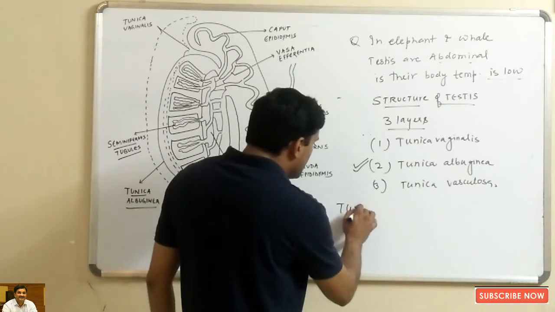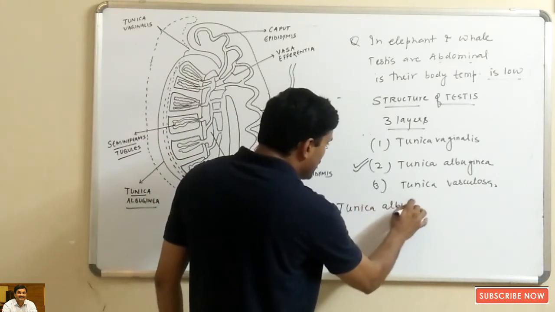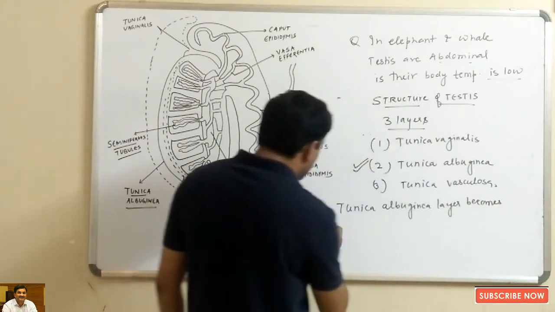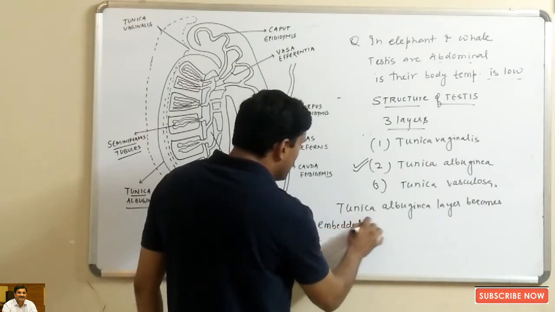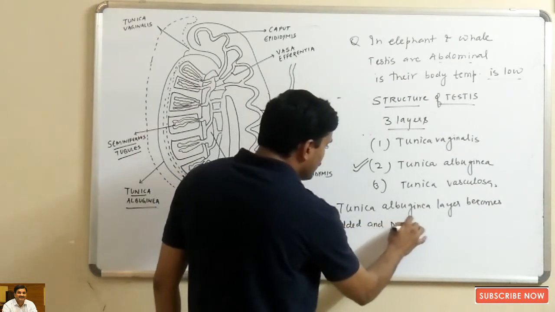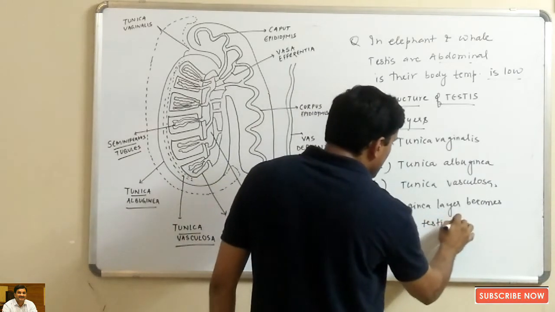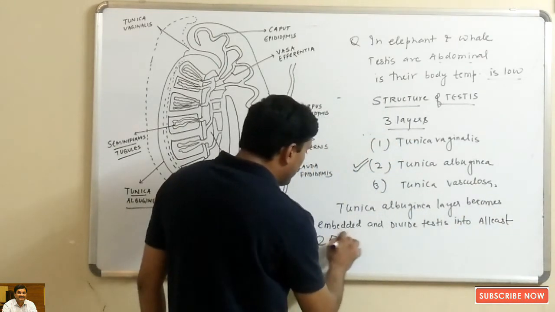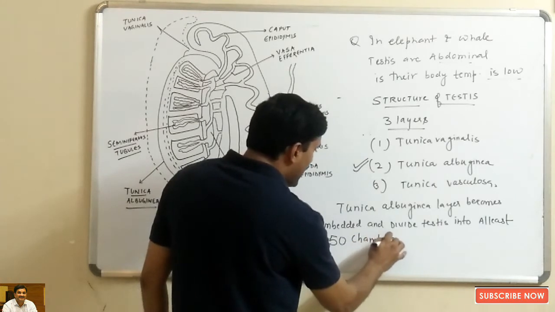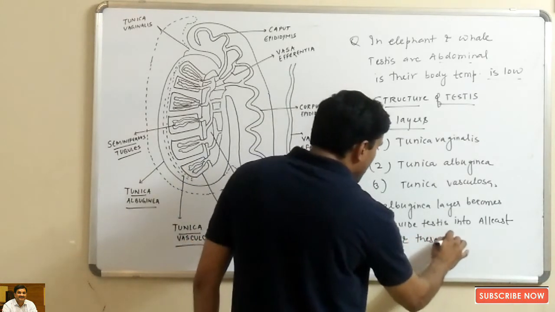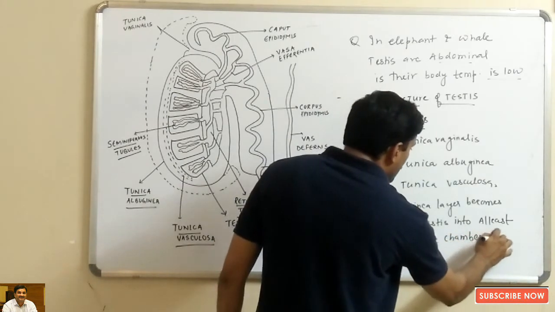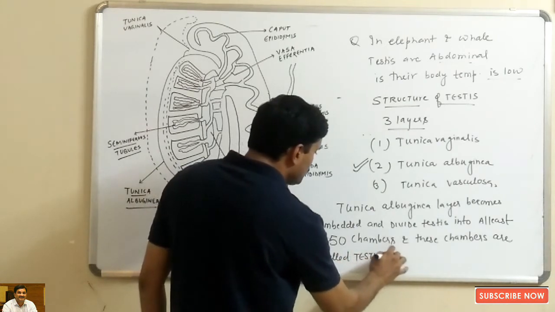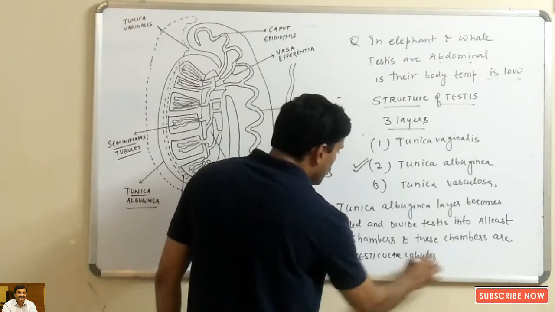Now this tunica albuginea layer becomes embedded and divides the testes into at least 250 chambers, and these chambers are called testicular lobules.